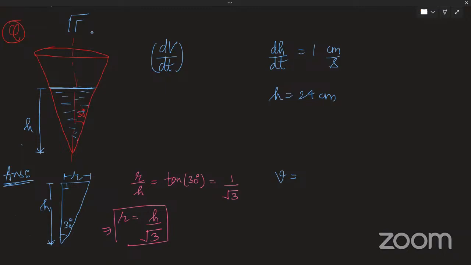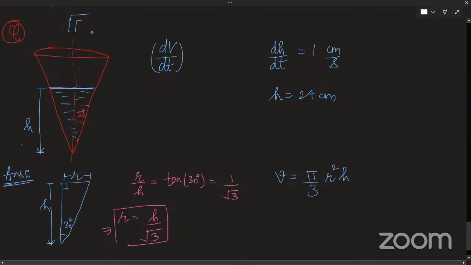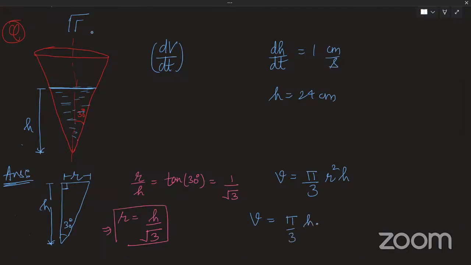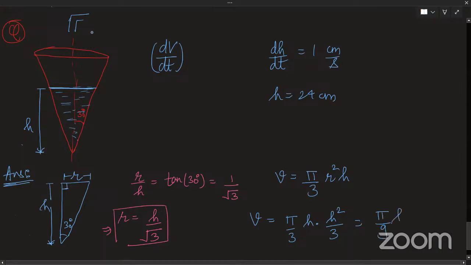Volume of cone, 1 by 3 pi r square h. So pi by 3 into h into r square, which can be written as h square by 3. So it will be pi by 9 h cube. Correct?